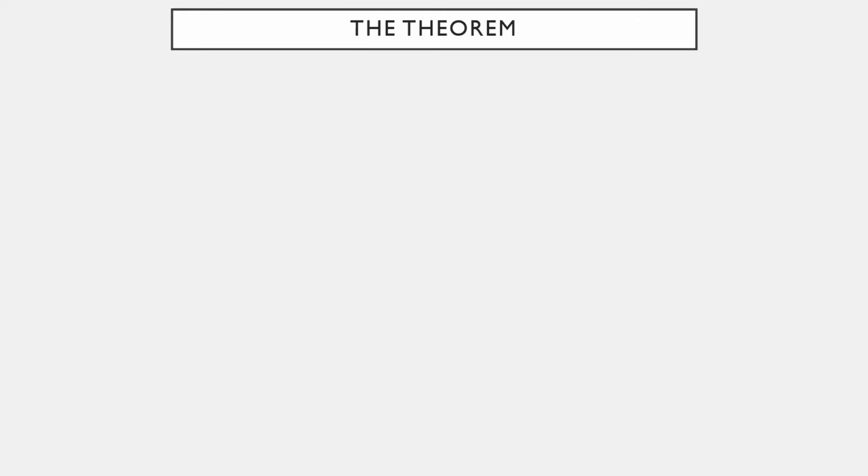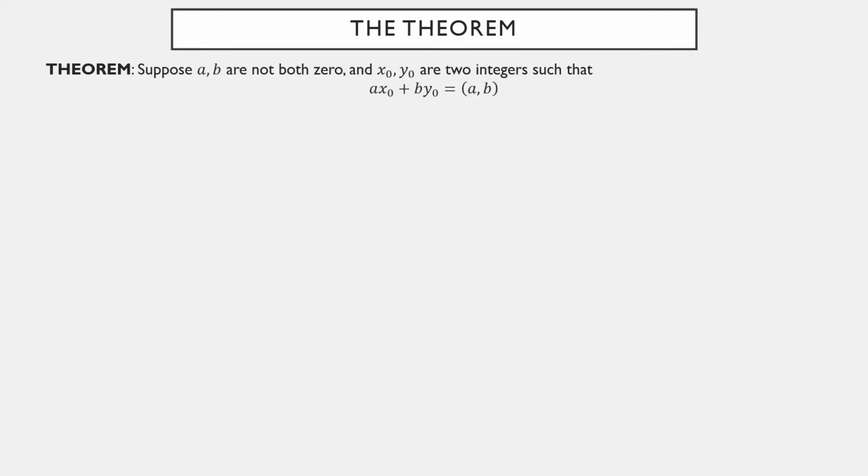Well, here's going to be a theorem that allows us to solve that question. Suppose a and b are not both 0, and let's also suppose that I have found two integers x0 and y0, which solve the desired equation: ax0 plus by0 is equal to the GCD. So I have found one solution to my desired equation.